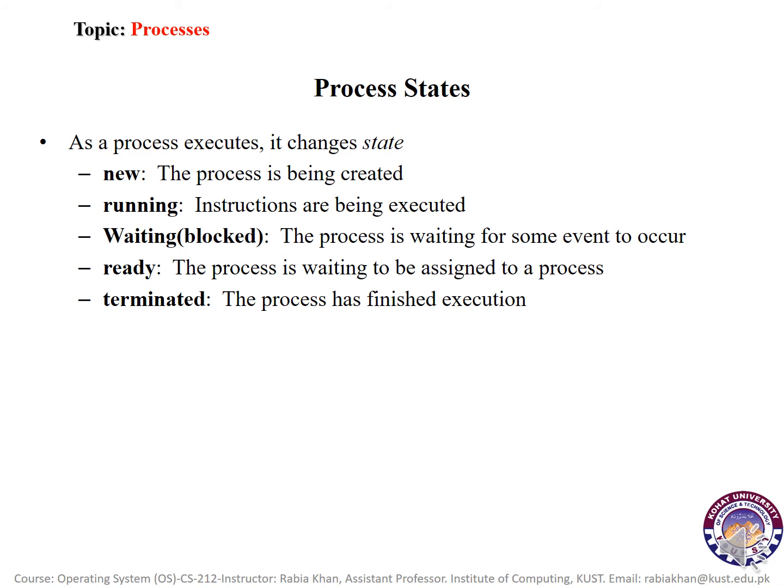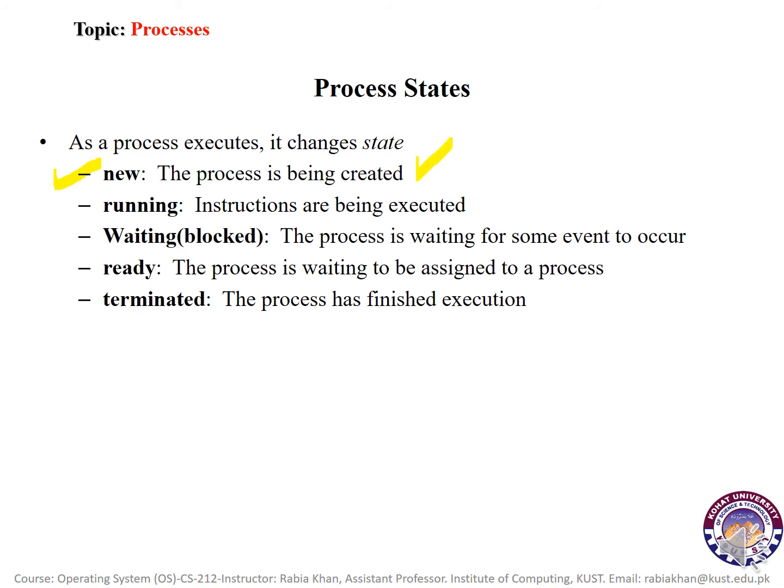Your program or your process, when it executes, keeps on changing its state during its lifetime. When you click some new application, a new process is created and starts running. When you click start new, that means you have created some new application.